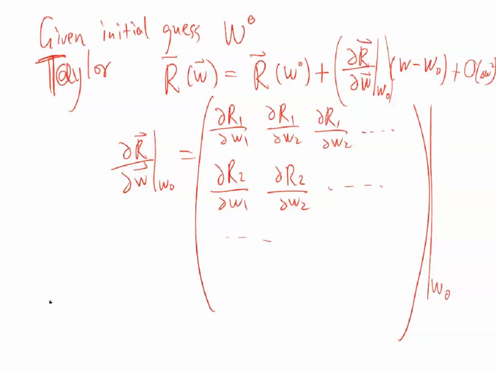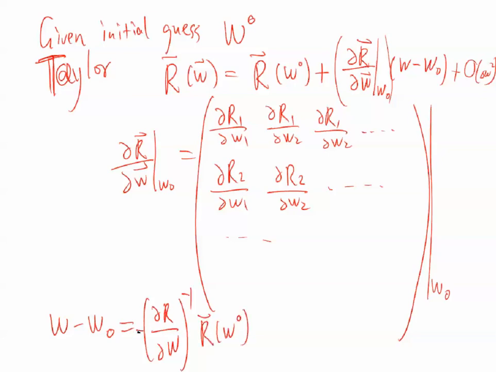To find the zero, we can simply invert this matrix, so W minus W0 is going to be equal to minus partial R, partial W inverse times R(W0). Right? That would be the zero of the first order Taylor series approximation.